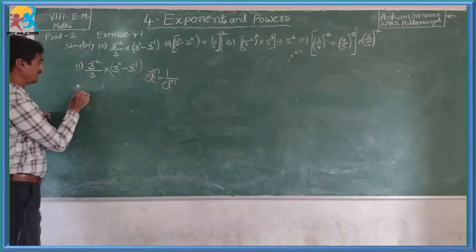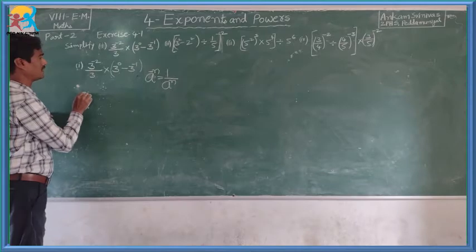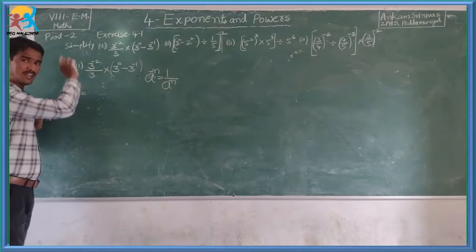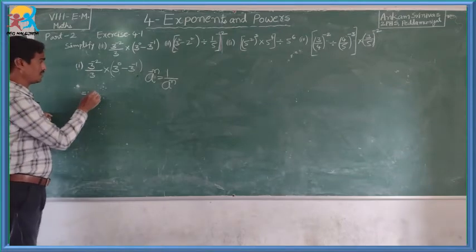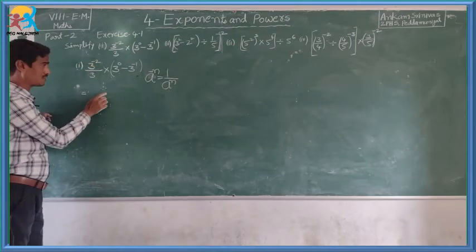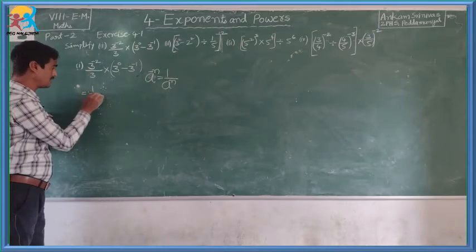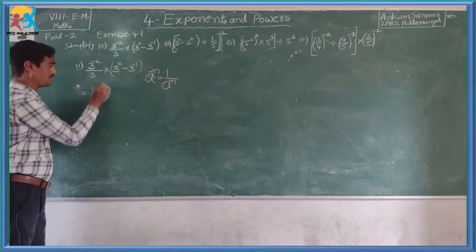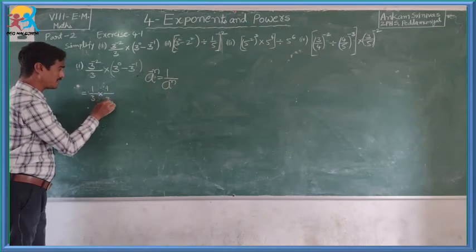So here I am going to write 3 power minus 2, convert into positive, we will get 1 by 3 square.